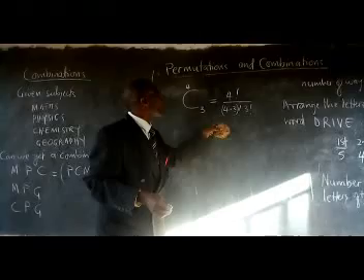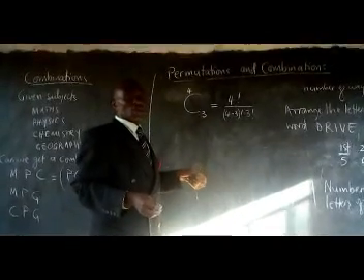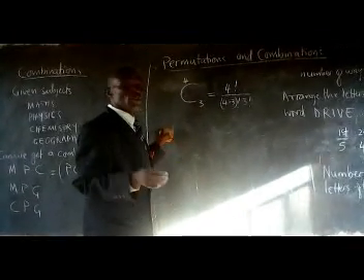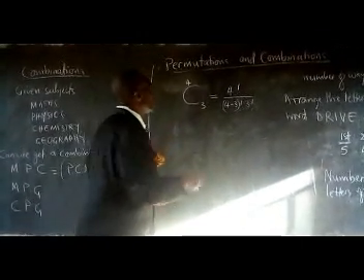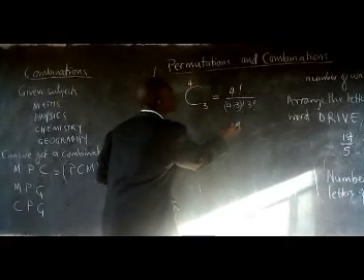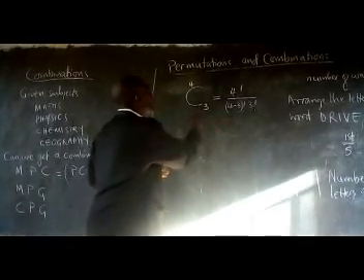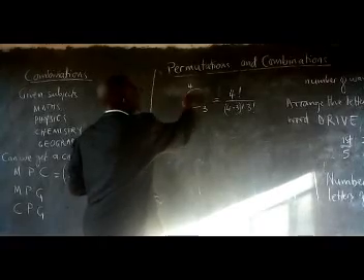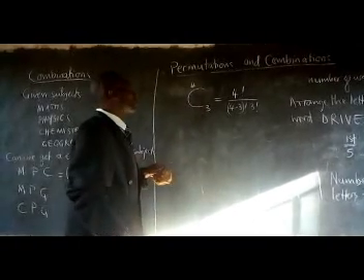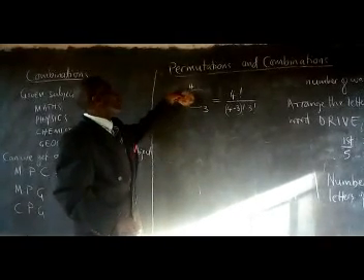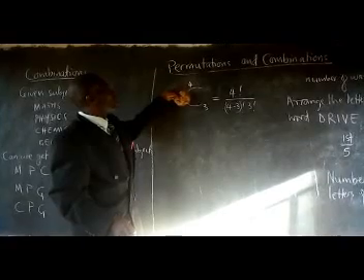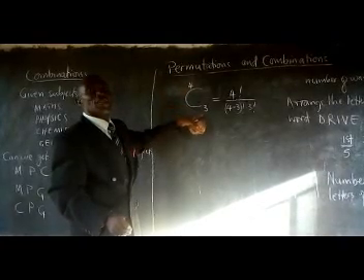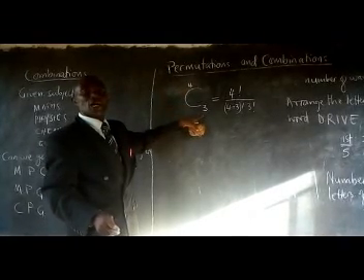It is very simple, and I will give you the general formula for it. But the simplest way of remembering it is 4 and 3. This C talks about combination. But combination, selecting from the 4 subjects, and you want only a combination of 3 things out of the 4.